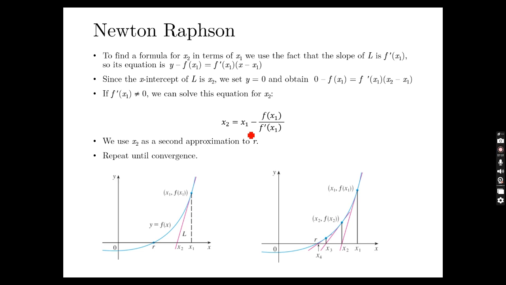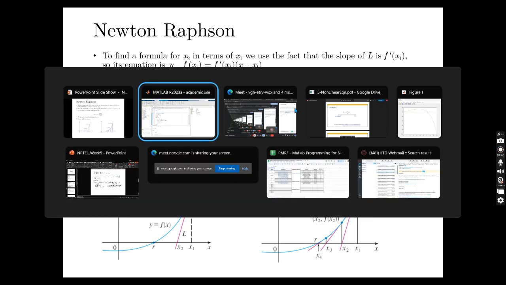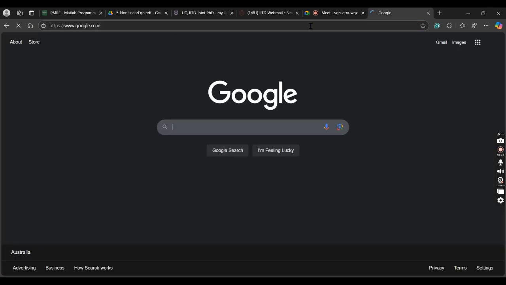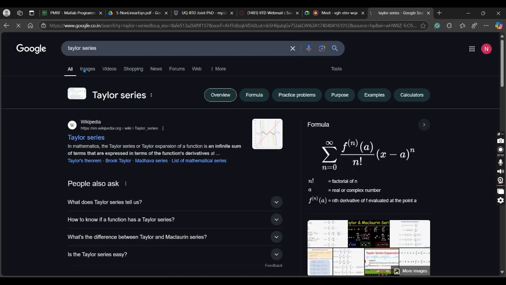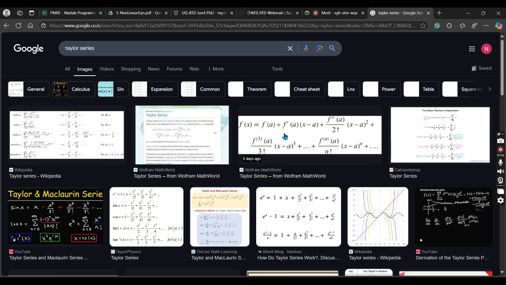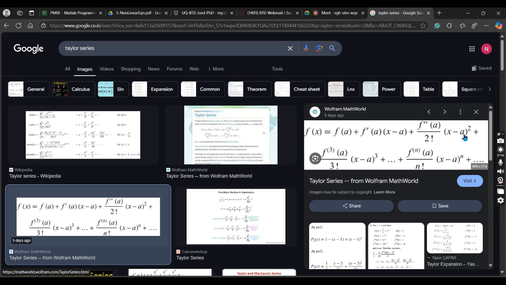Newton-Raphson is basically a first order Taylor series expansion of a function, right? If I look at the Taylor series of a function, this is my Taylor series about x is equal to a.